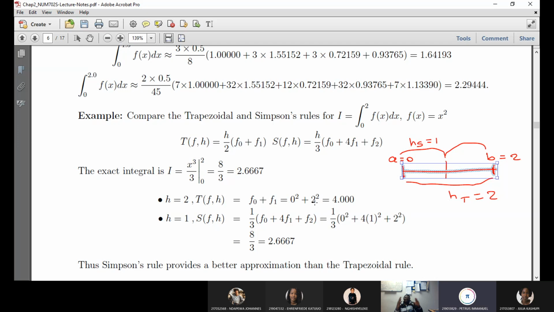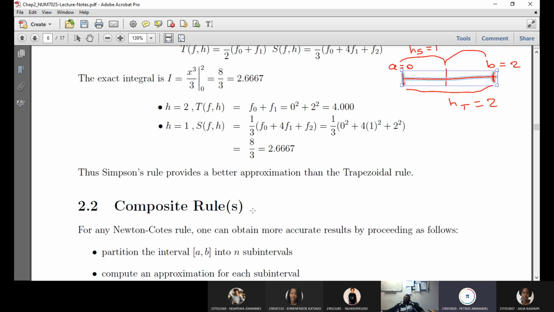Because composite rule will allow us to partition our interval instead of fixing it from 0 to 2 and using just one subinterval in which h, the step size, will be very large. We can also decide to reduce our step size. And for that purpose, we need to partition our interval. So that is the idea behind composite rule. We can do it not only for trapezoidal, but we can apply it to any other rule. I hope it is clear.